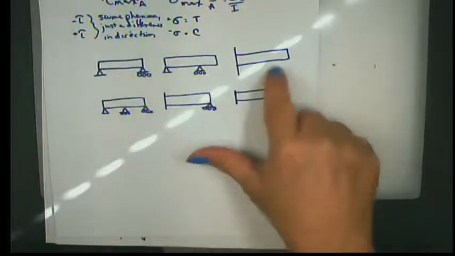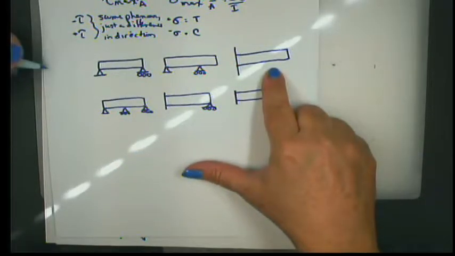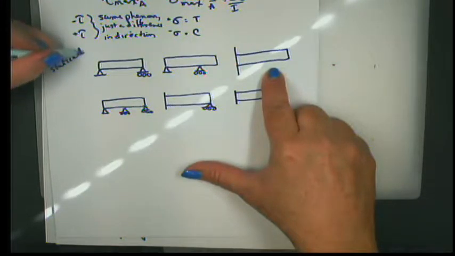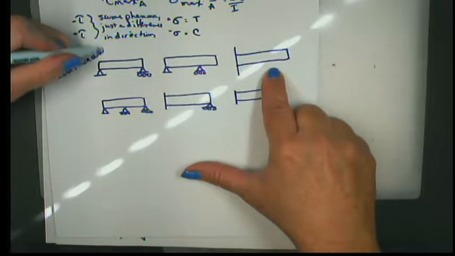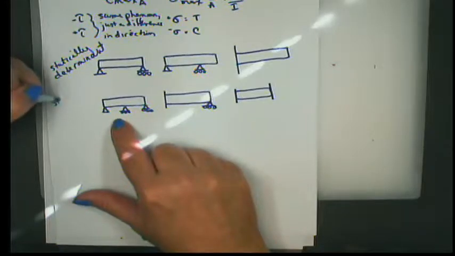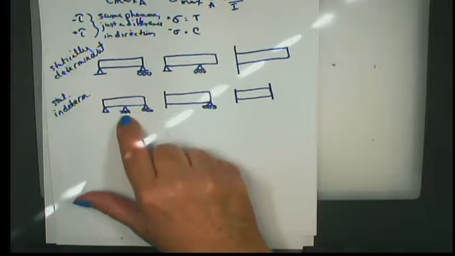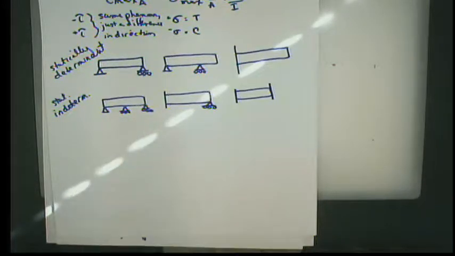Now, the reason that we have them this way is that these are statically determinate. In other words, you can figure out what the reactions are using methods of statics. These are statically indeterminate, meaning you're going to have to use a different method, something similar to the method of joints or sections.